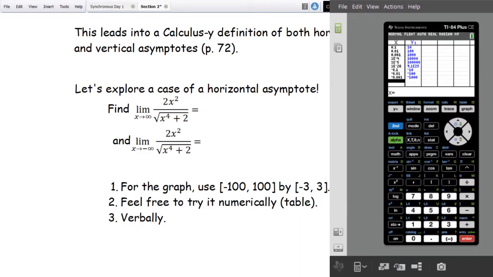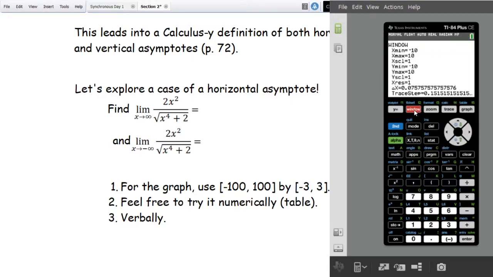All right. So the viewing window, the way that I have this set up, I go into window, and this negative 100, that's referring to the x min, so negative 100 to positive 100, and negative 3 to 3 down here.